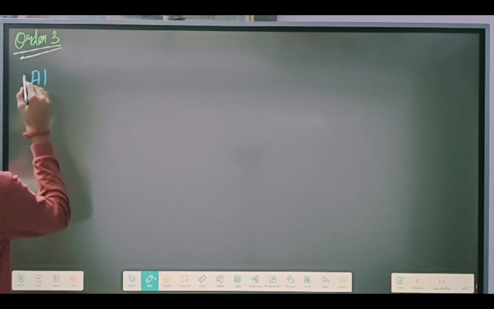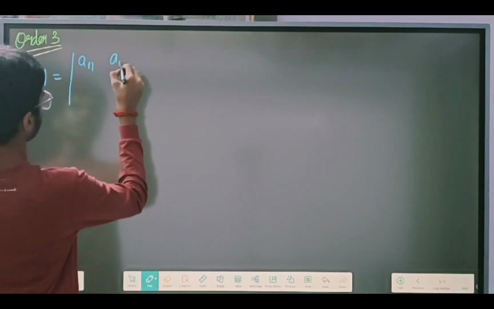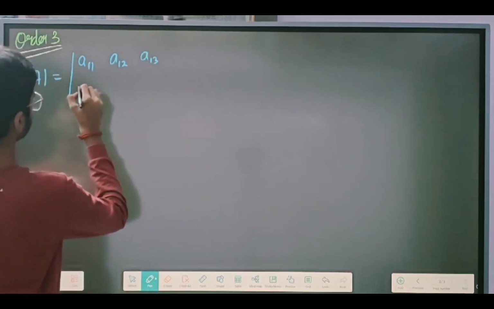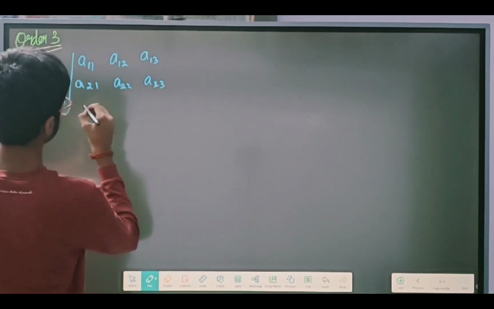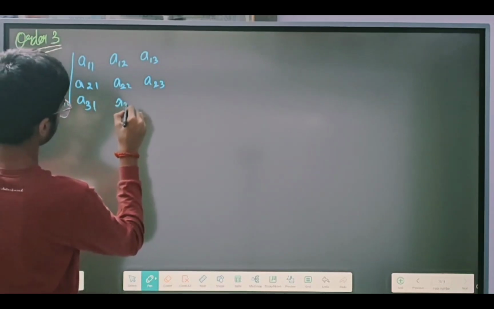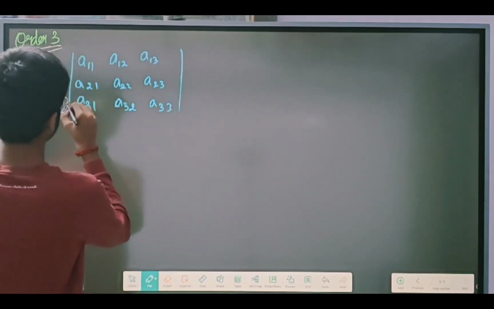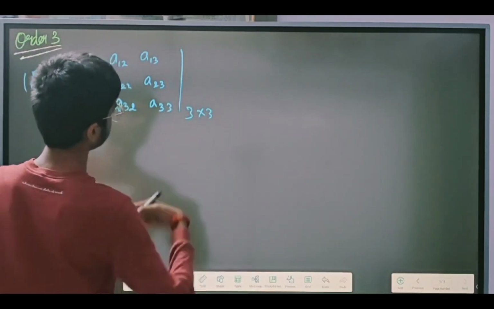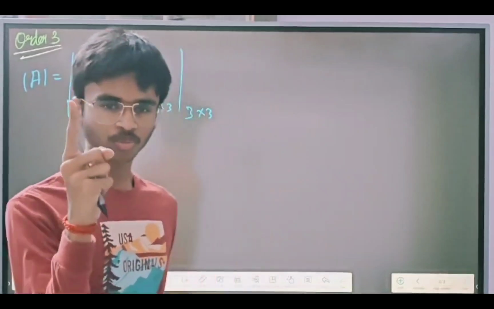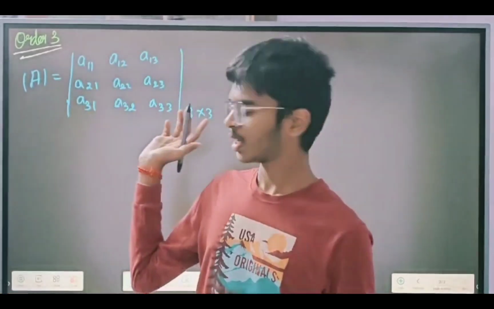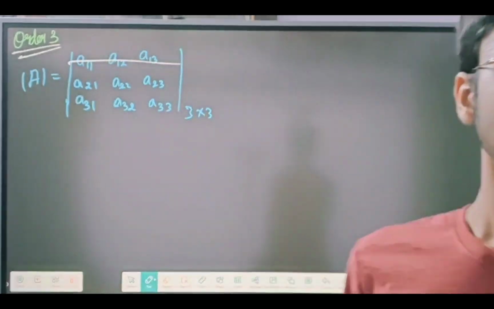So matrix A is going to be A11, A12, A13, A21, A22, A23, A31, A32, like this one. So first I'm going to take any one row or any one column. Since row is my favorite thing, I'm going to take the first row.